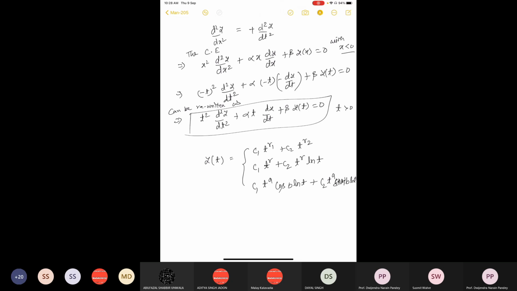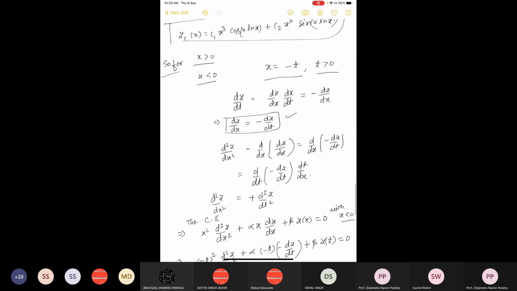So depending on this, I can find a solution like this. Yes or no? So now here, if you want to write in terms of minus t, what is t here? T is minus x, right? And the same solution I can write when x is positive.